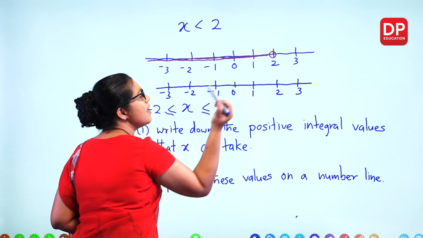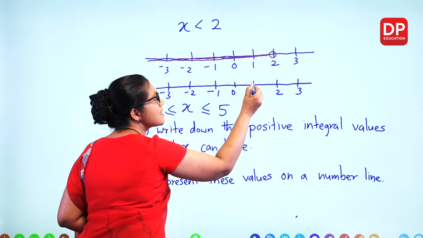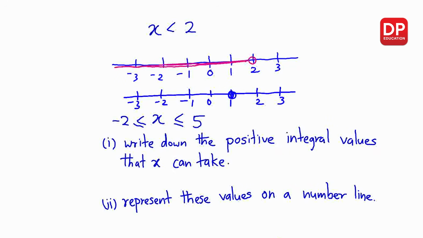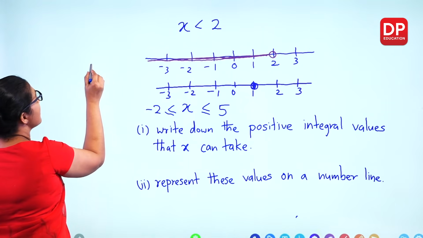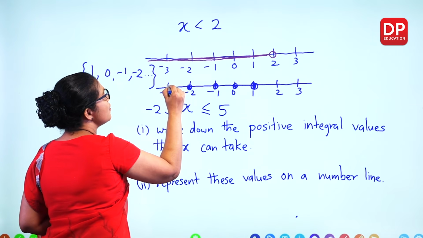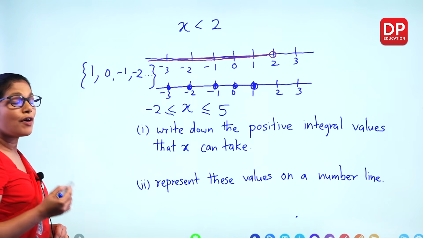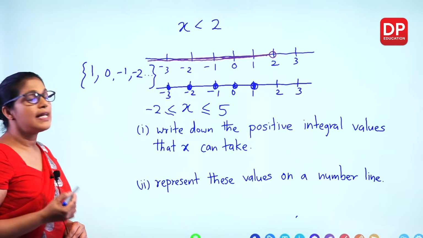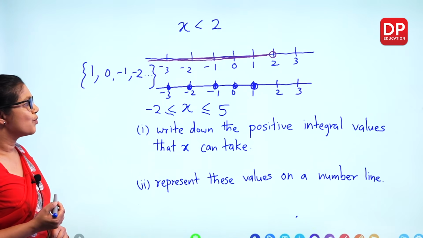So on this side, what are the integers? I can see 1 is there. I can write 1, 0, -1, -2, and then I can put 3 dots. So these are the integral values that satisfy this inequality x less than 2.